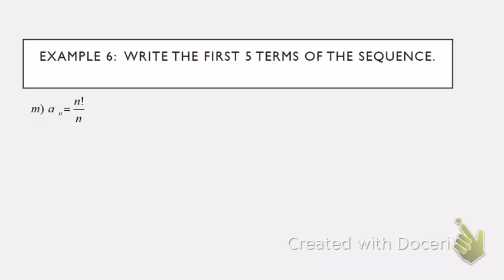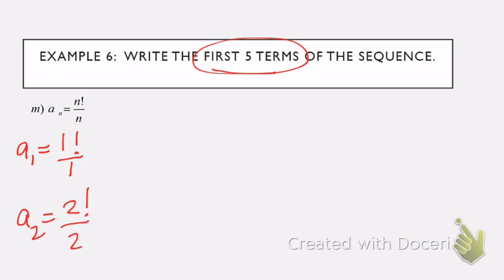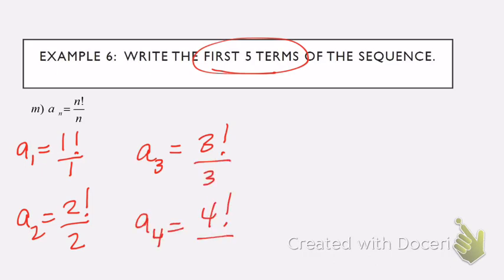So you try example 6. Example 6 you can do on your calculator. We're writing the first 5 terms of the sequence. To find the first term, you're going to do 1 factorial divided by 1. The second term is 2 factorial divided by 3. The third term is 3 factorial divided by 3. The fourth term will be 4 factorial divided by 4.